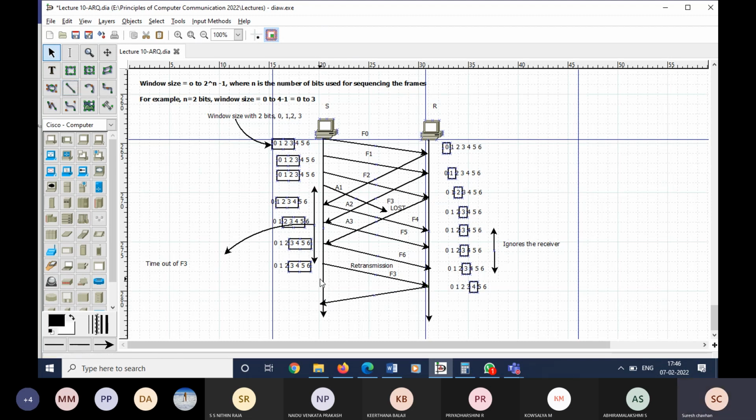Then it will send F4. So again, F4, F5, and F6 will be sent back. So students, did you understand how this works?